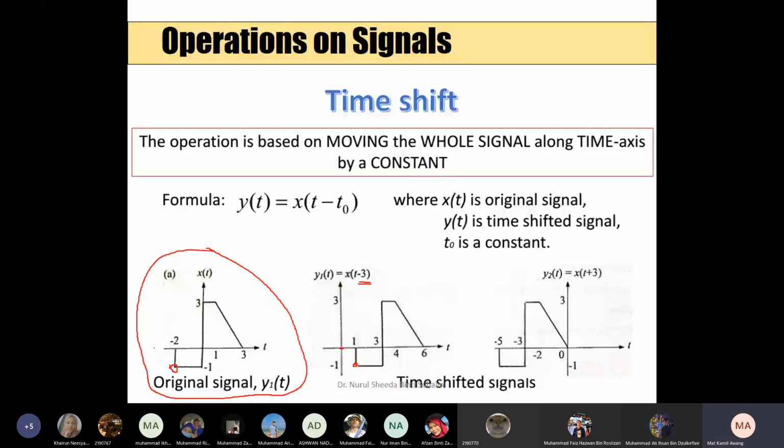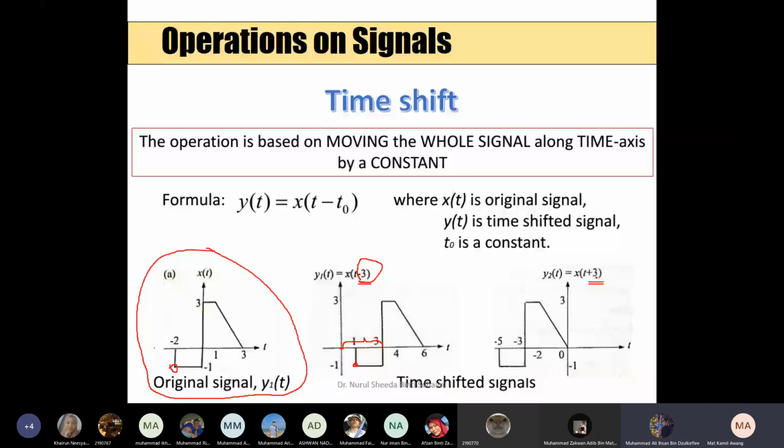So basically it is shifted by 3. Delay by 3 seconds. And this is an example of advance by 3 seconds, t plus 3.